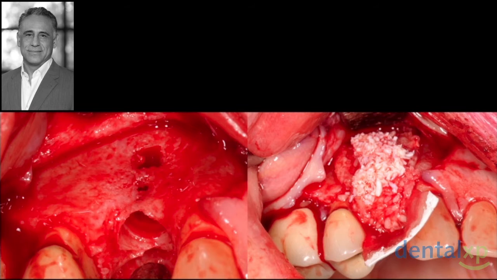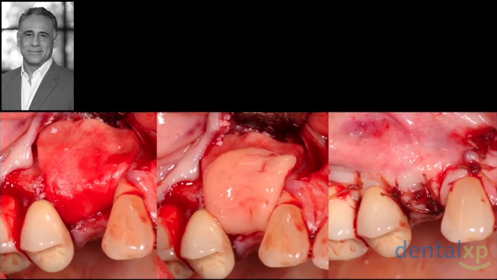So here's the implant removed, and the site is grafted, following routine guided bone regeneration process and PRGF, and then closed, and then come back in 4 to 6 months later for replacement of the implant.